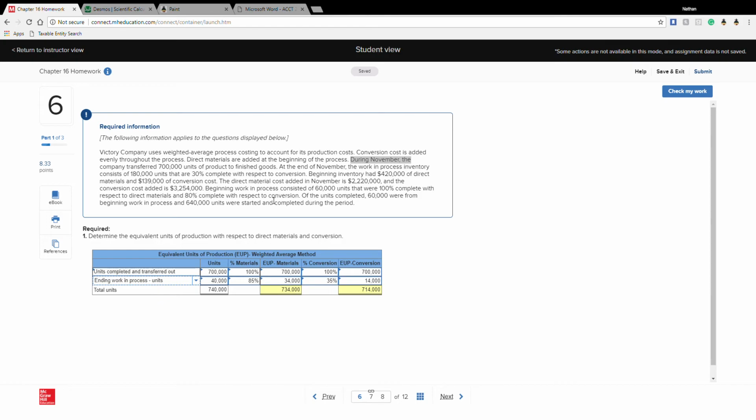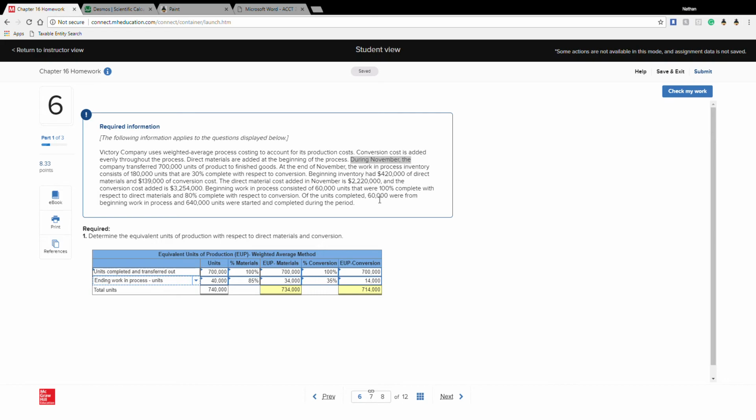Direct materials added was 2,220,000, and the conversion cost added was 3,254,000. Beginning work in process consisted of 60,000 units, 100% complete related to direct materials, 80% complete with respect to conversion. Alright.